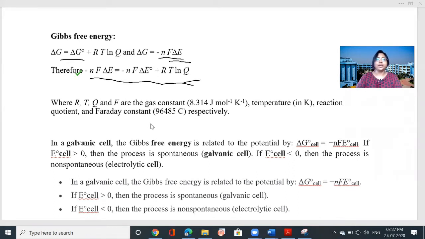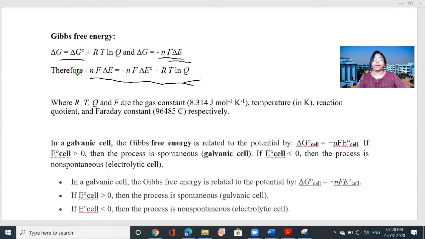Now R, T, Q, F: R is the gas constant, 8.314 joule per mole per degree Kelvin, T is the temperature in degree Kelvin, Q is the reaction quotient, and F is the Faraday constant. So all these things are given.